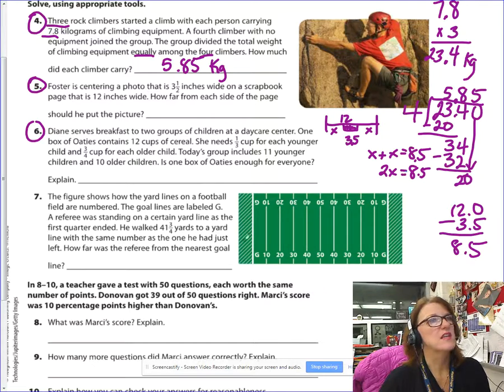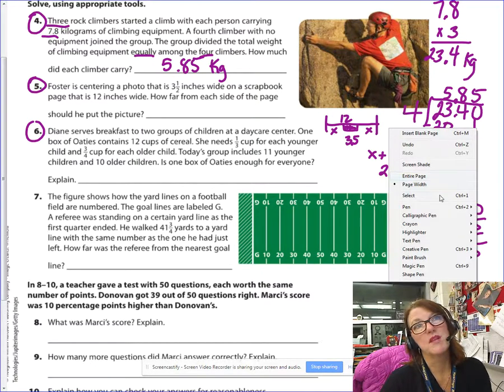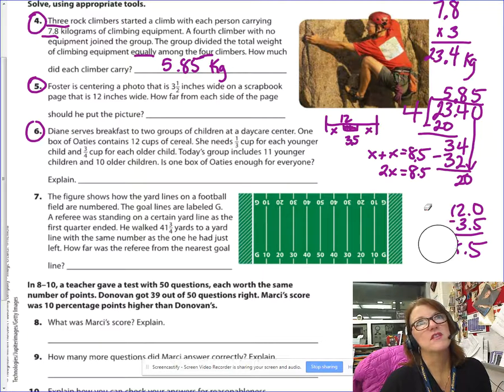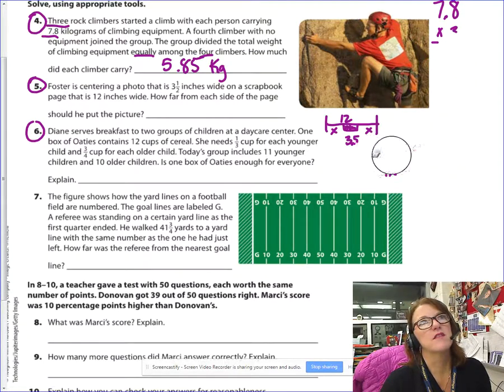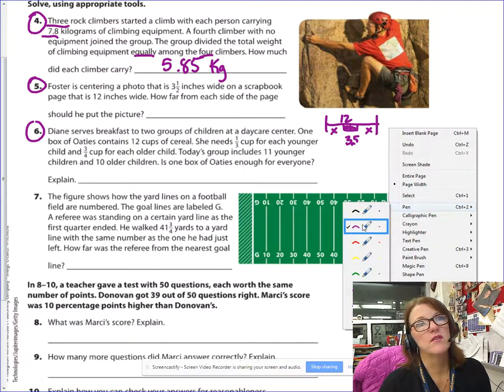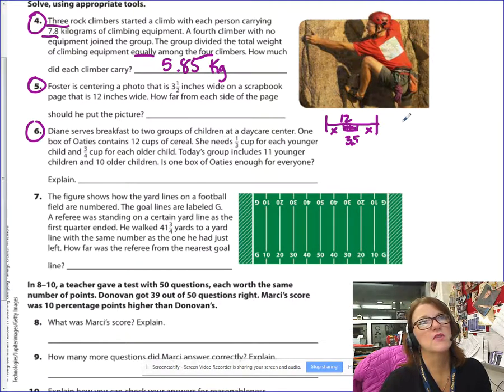Now, in this case, using decimals might be easier for you than using mixed numbers and fractions. I'm going to erase my stuff so that I have a little more room. But if you want to do it with decimals and say 8.5 divided by 2, go ahead. Okay, turn this into a mixed number, or one improper fraction from the mixed number.